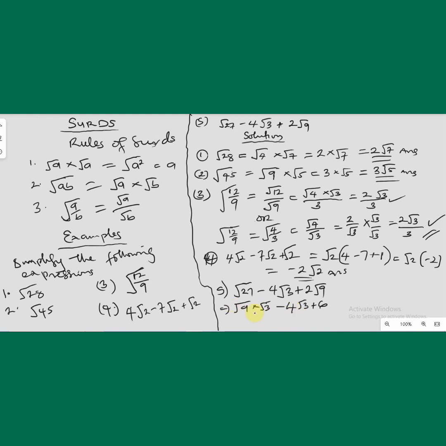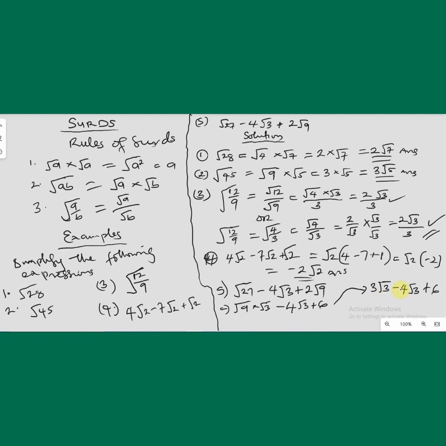But first of all, before doing anything, I'm going to write, square root of 9 is 3. Then 3 times square root of 3 will give me 3 square root of 3, minus 4 square root of 3 plus 6.